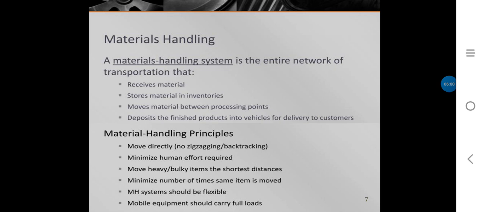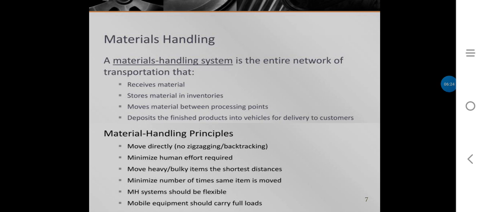The material handling system runs from receiving the raw material to the final customer delivery. So in that process, material handling is an important point, and we must make decisions based on our facility layouts and effective material handling.